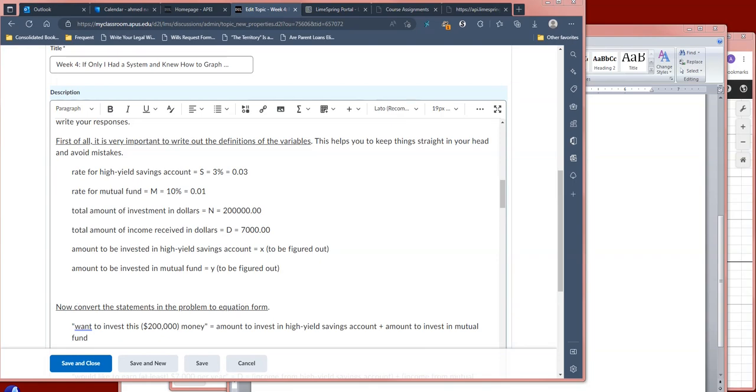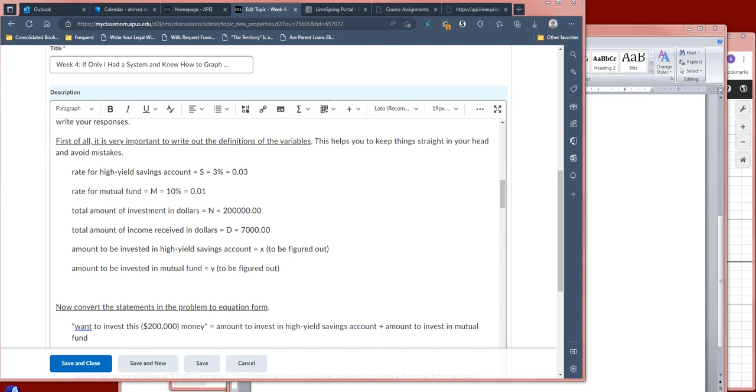The problem we are trying to solve is how can we receive an income, or rather, how can Blondie and Dagwood receive an income of $7,000 per year if they have got $200,000 to invest and two options for investing, which are a high yield savings account and a mutual fund. The high yield savings account has an interest rate of 3% per year, and the mutual fund has an interest rate of 10% per year.